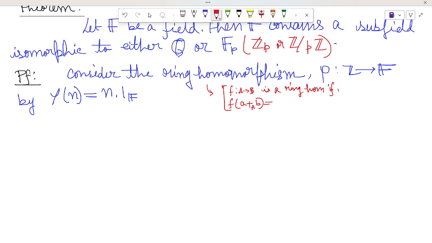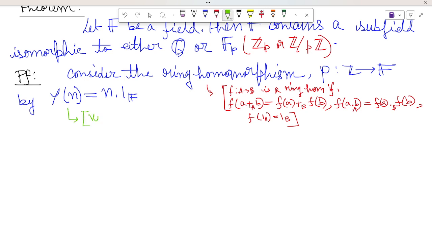And f of a times b, the product in A, equals the product in B of f of a and f of b. And obviously 1_A always goes to 1_B. Okay, so the three properties that satisfy this are called a ring homomorphism. Verify that it is a ring homomorphism.